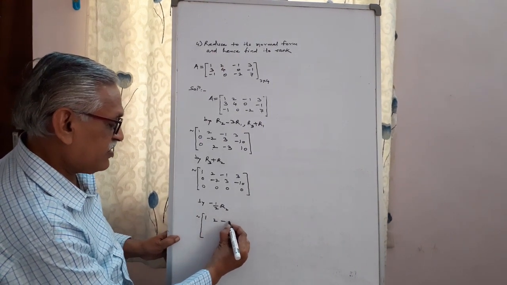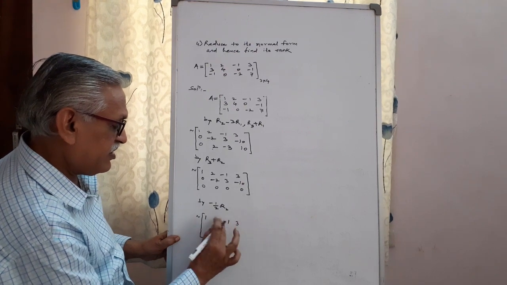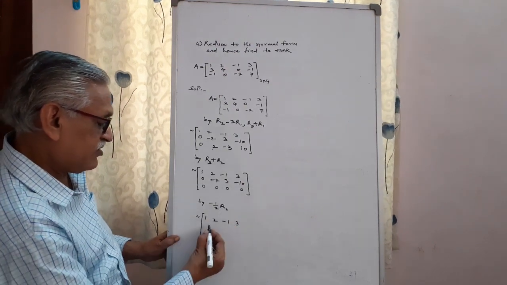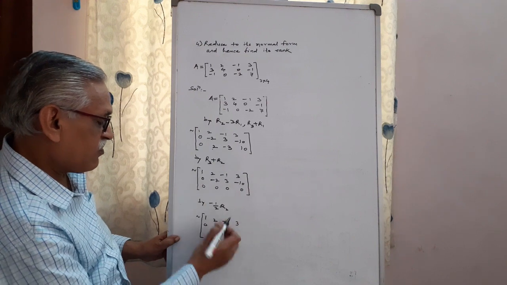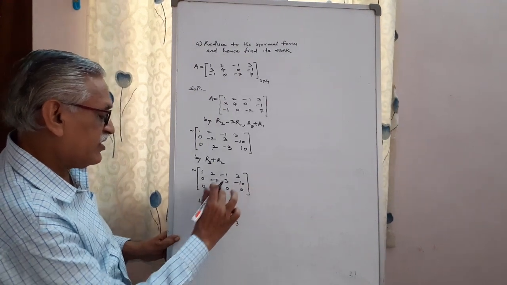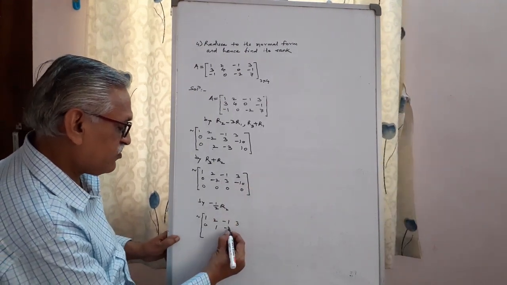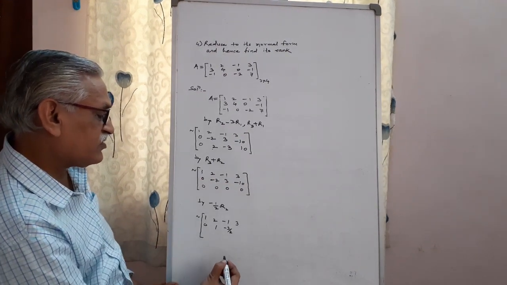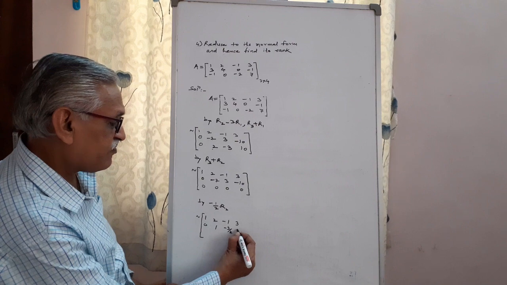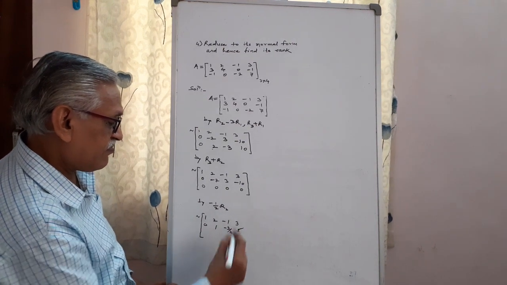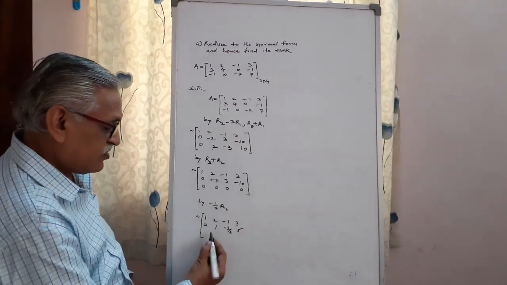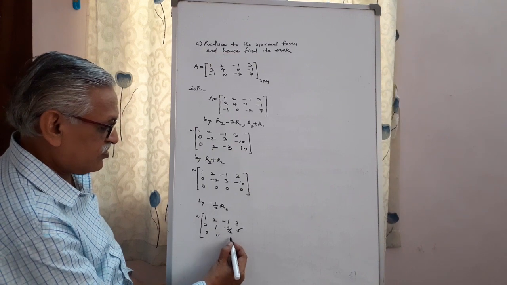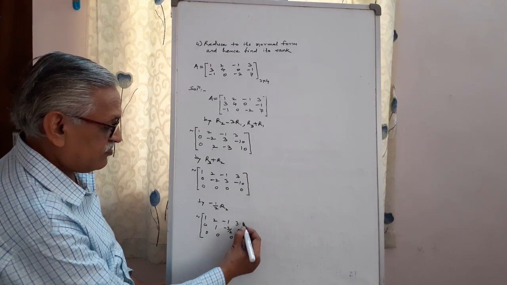So we get 1 2 minus 1 3, then 0 1, 3 into minus 1 by 2 is minus 3 by 2, and minus 10 into minus 1 by 2 is 5. The third row, no change: 0 0 0 0.